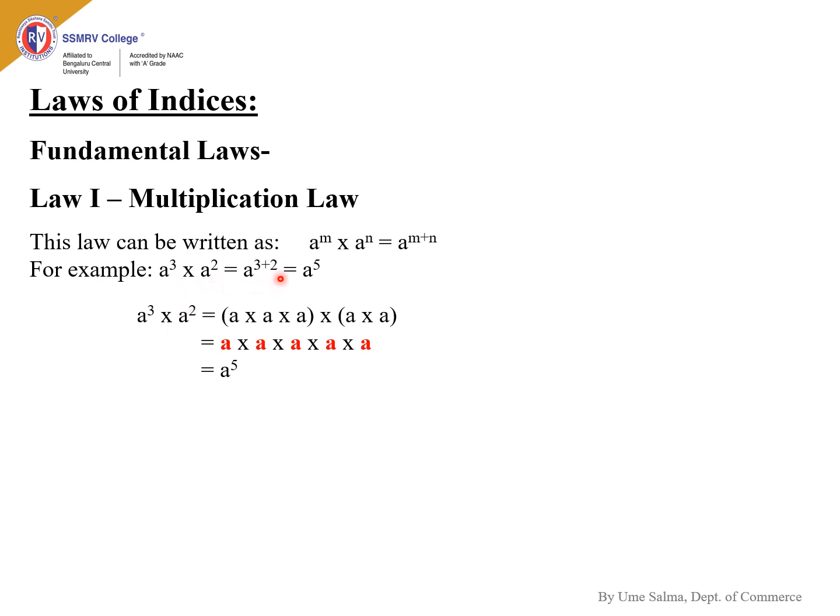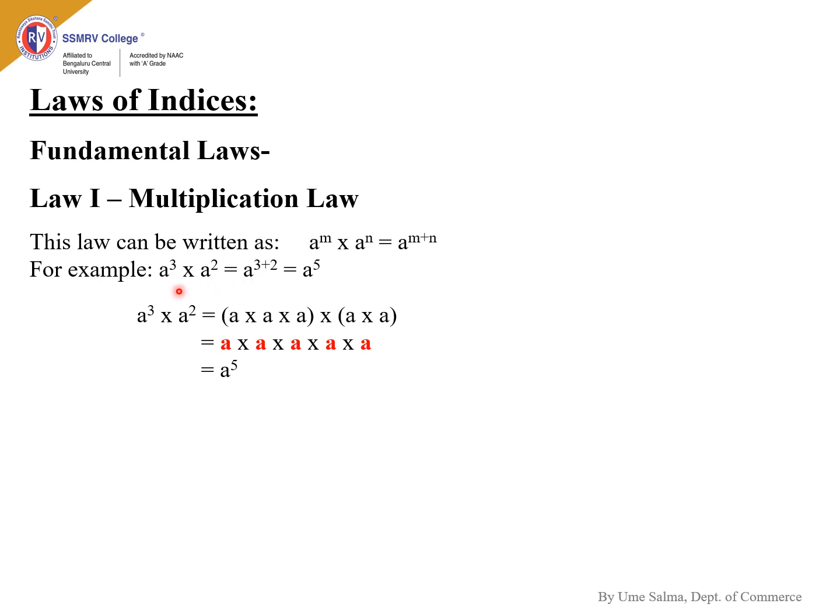Here m is 3 and n is 2. As this law suggests, a to the power m plus n, we have taken a to the power 3 plus 2, which will be equal to a to the power 5. So kindly understand this law, which is very simple and important to solve further problems.